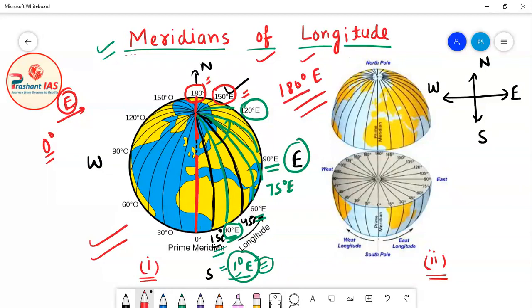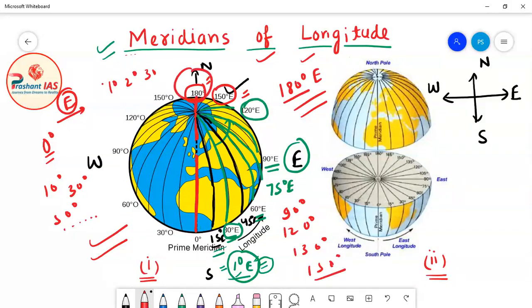First you drew 1 degree, then 2 degree, then 3 degree. In the similar way then 10 degree, then 30 degree, after that 50 degree. Then you continue to draw 90 degree, then 120 degree, then 130 degree, then 150 degree, and finally you will draw 180 degree east meridian of longitude.